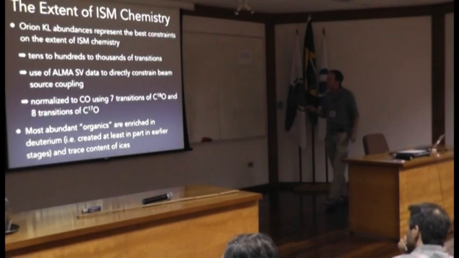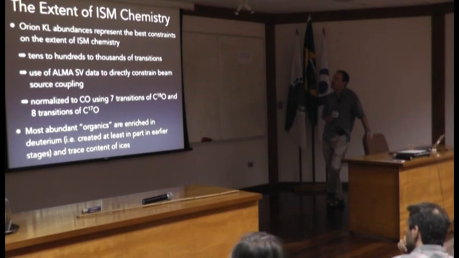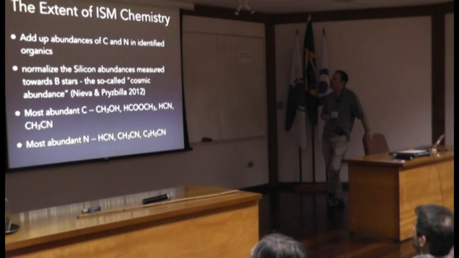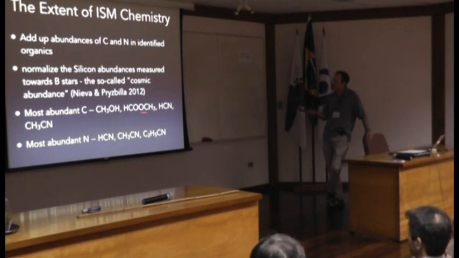I took those abundances, the best data that we have, and added up all the forms of organic nitrogen that we detected and asked what is the abundance of organic nitrogen traced by the interstellar medium. Then I found some way to estimate the silicon abundance. For nitrogen, actually, it's mostly in HCN. The most abundant forms of carbon are methanol and other things.